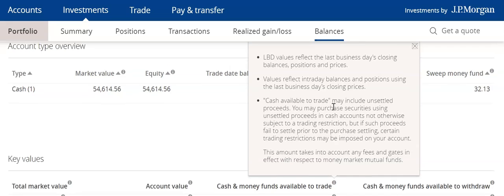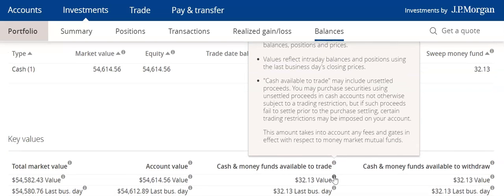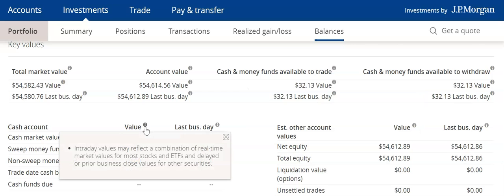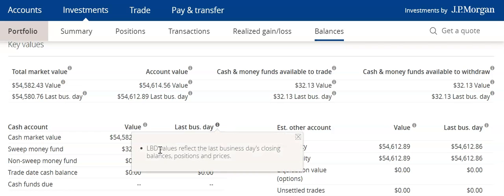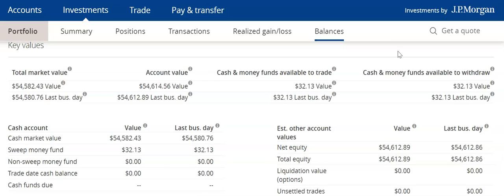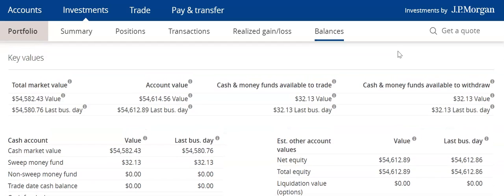And so these little I dots really can explain piece by piece what a lot of these different breakdowns are. LBD values reflect the last business day's closing balance, positions, and prices, for example. And some of these obviously repeat themselves. But if you are interested, you can look at your details in your UInvest account.